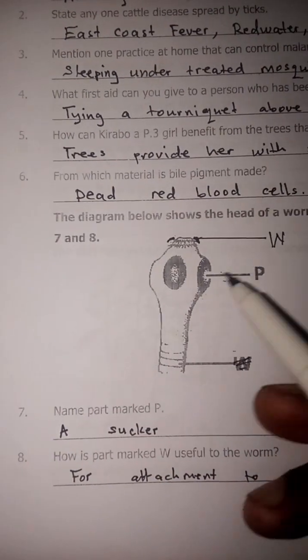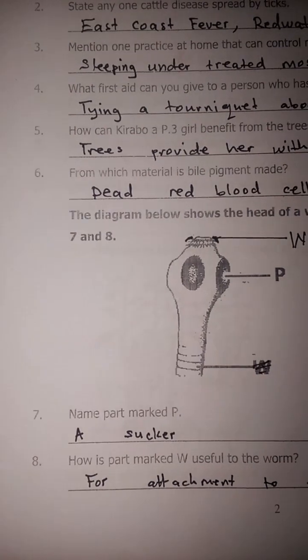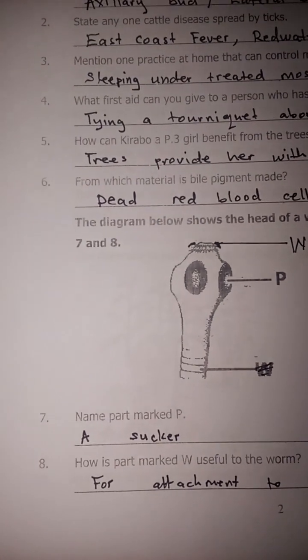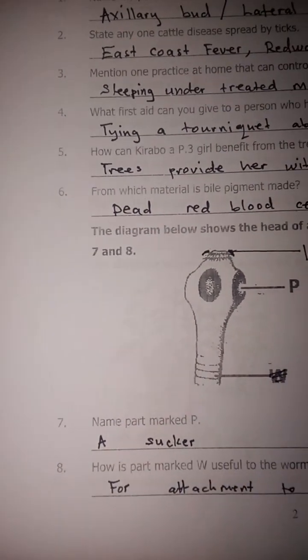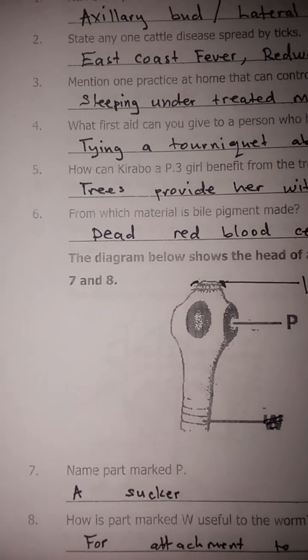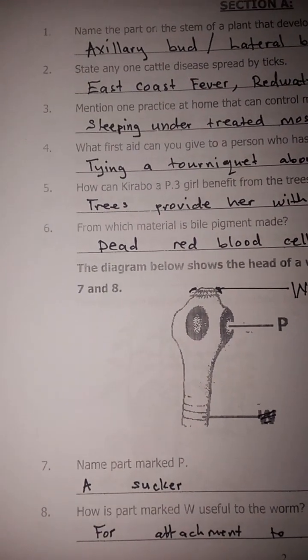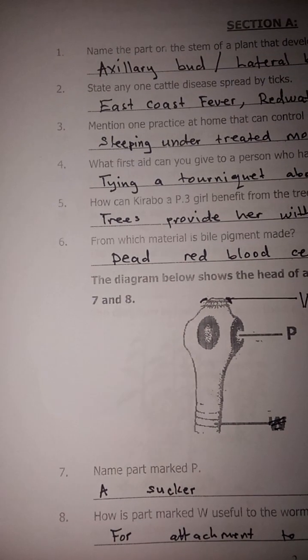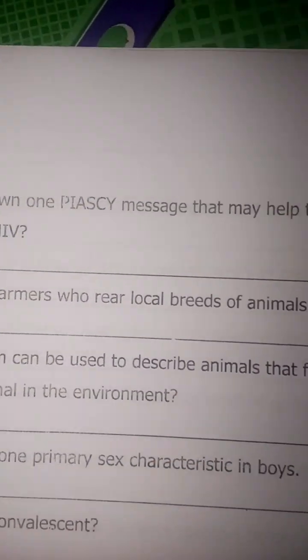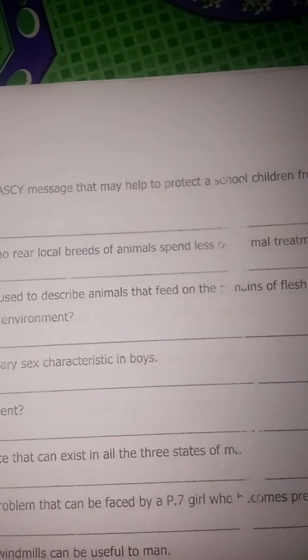Yes, there are many hooks surrounding that part of the head. Their purpose is for attachment to the walls. Then the suckers are to suck the digested food from the intestine. So remember, tapeworms feed on digested food in the intestines, and you also have hookworms, and for them they feed on blood.